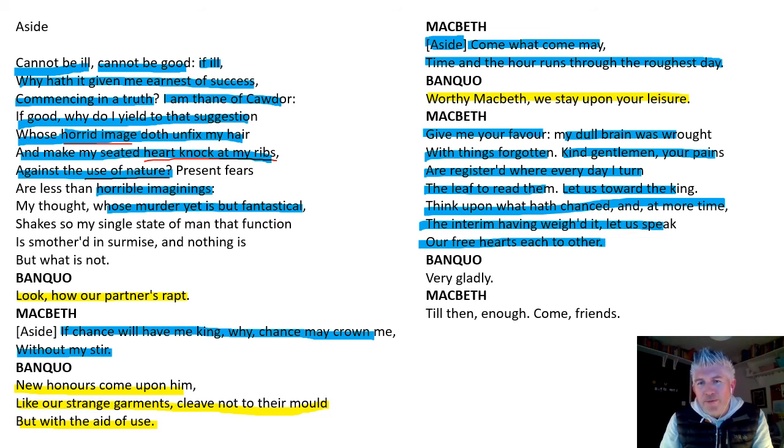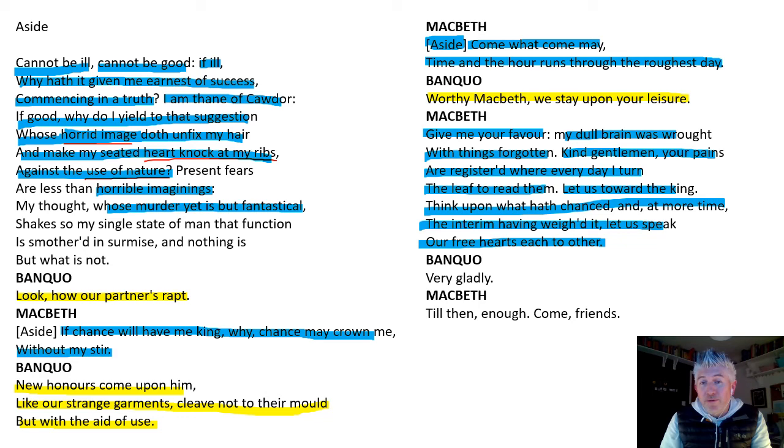It's my fault for holding us back. Let's go towards the king. Let's get on, move on. Let's leave now. Then he says to Banquo, think upon what's chanced, so let's think about what's happened here. And when we've had a bit more time to think about it more carefully, let's speak about it to each other. Let's be honest and speak to each other about it.